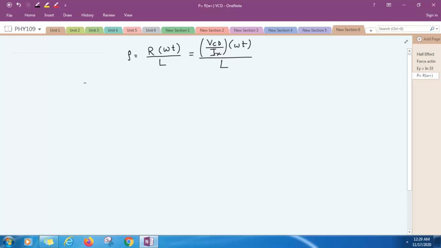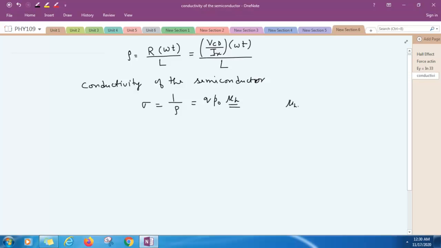Now how to calculate conductivity of the semiconductor? So sigma is related with the resistivity, that is 1 by rho, and conductivity is also related with mobility, that is Q P naught mu H. What is this mu H I am considering here?